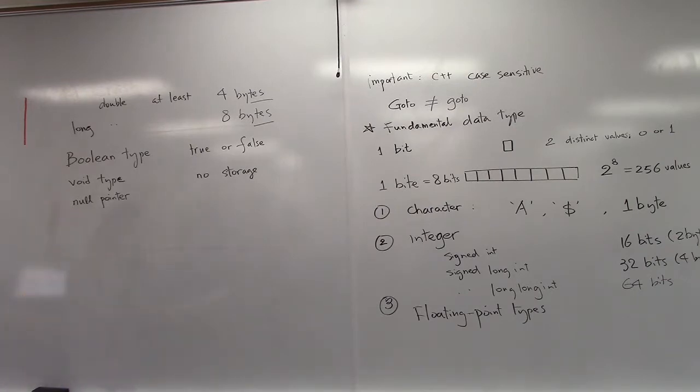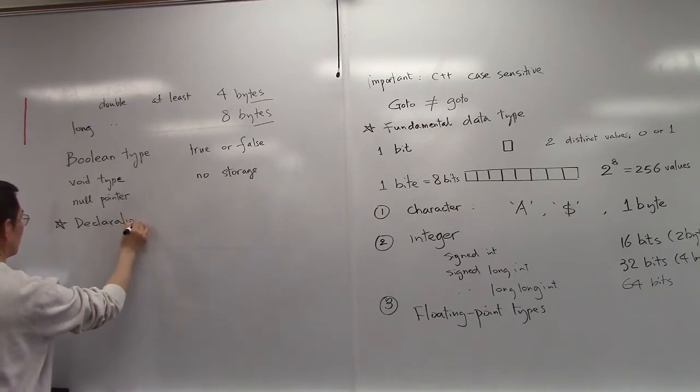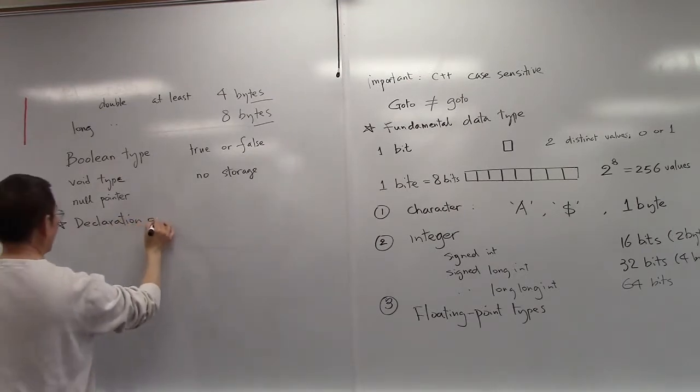There's this type used to specify the pointer. Okay, this is the data type. That is about declaration of variables.